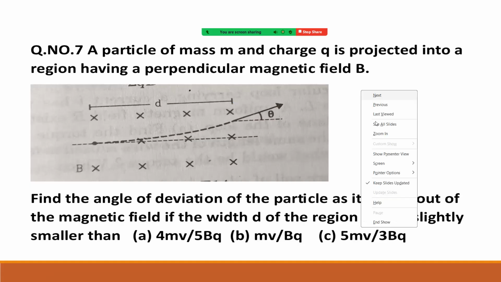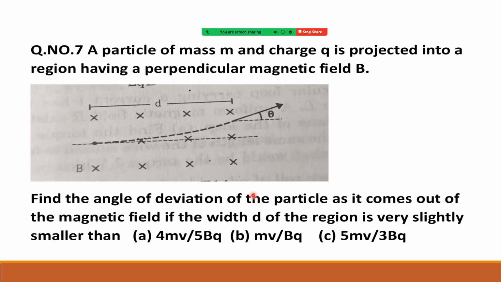Now we can see here the given values. The radius is mv by Bq, 4 by 5. So d is 4R by 5, which is less than R. So we can take sine theta equal to d by R. Then how much do we get? Sine theta equals 4 by 5.